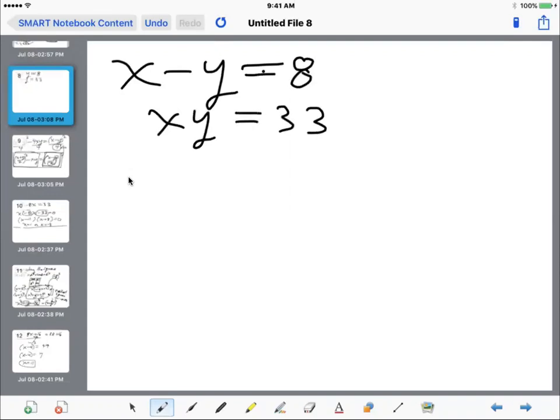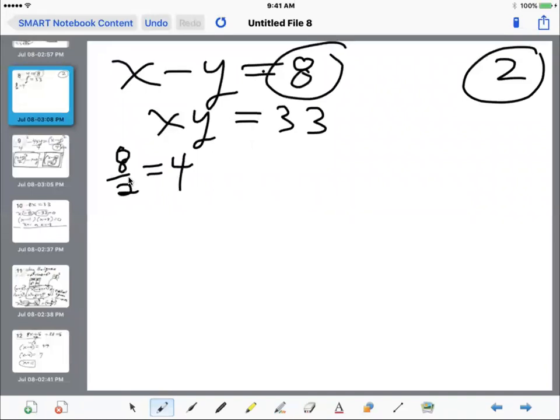Now look at this question. This is question 2. There's only 6 today. Question 2 is, what would happen if instead of the sum and the product, I had the difference and the product? Well, check this out. It's almost the same process. We still start by dividing this number by 2, and we square it.